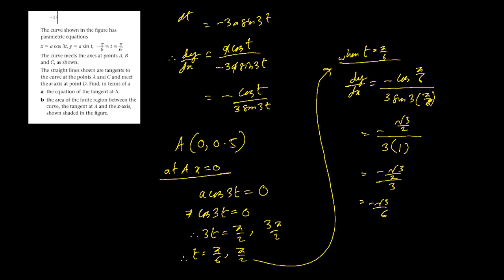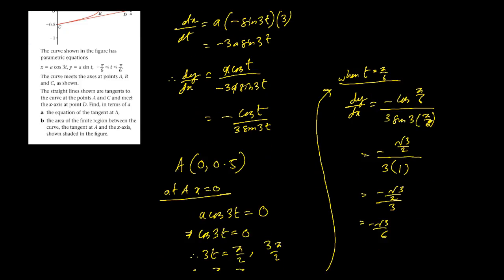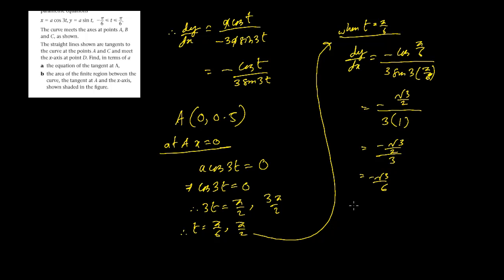Okay, now we know the point A. This is actually from the sketch. It seems as if it is 0.5, but it's a good idea to actually find it. We cannot just look at the graph and put the point as 0.5, because this is a point on the curve. So let's find the y coordinate separately and the x coordinate separately.